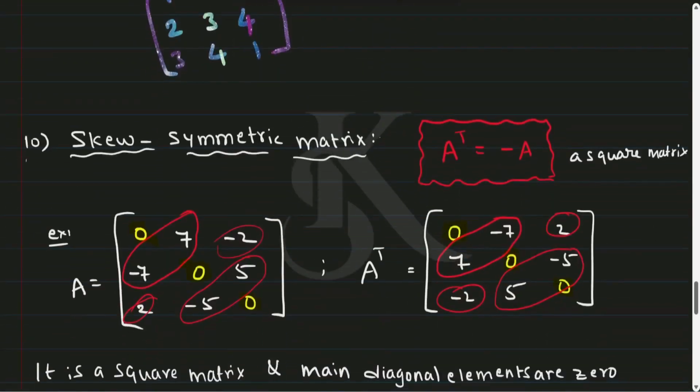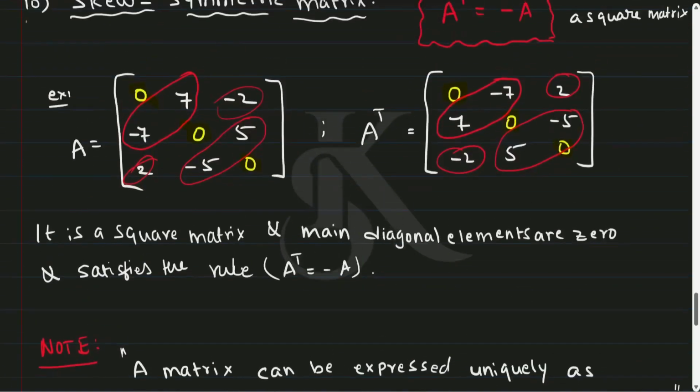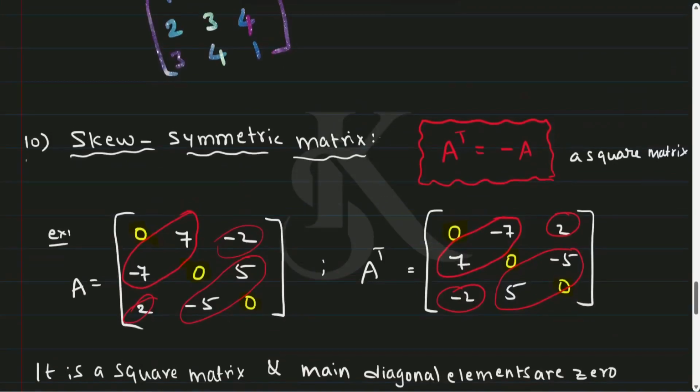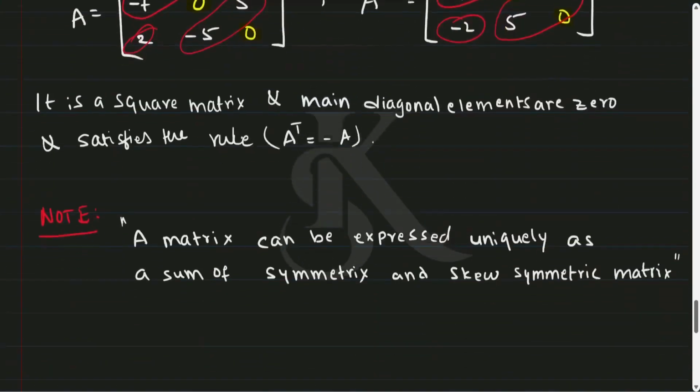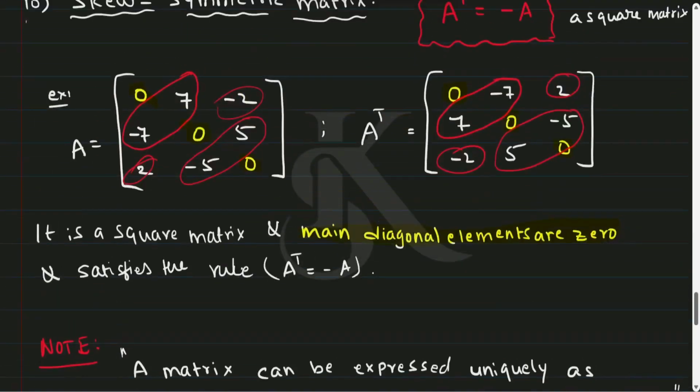Skew symmetric is A transpose equals to minus A. It is a square matrix and main diagonal elements are 0, and it has to satisfy A transpose equals minus A. Here we have to remember the main diagonal elements are 0.